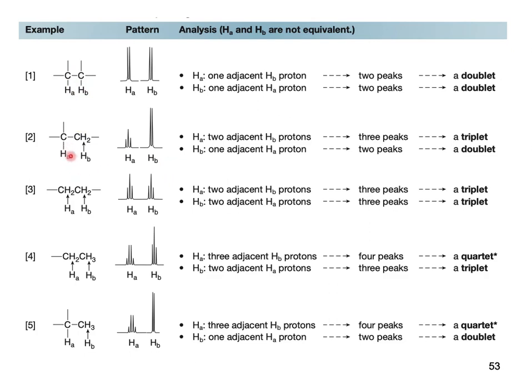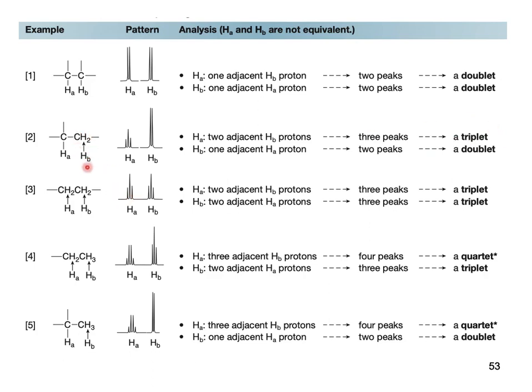Now the second one: Ha, where the adjacent carbon contains 2 protons. 2 plus 1 is 3. Then Ha gives the information about the neighboring protons, that there are 2 of them. Three peaks because of the formula 2 plus 1 is 3. A triplet means the adjacent carbon has 2 protons.